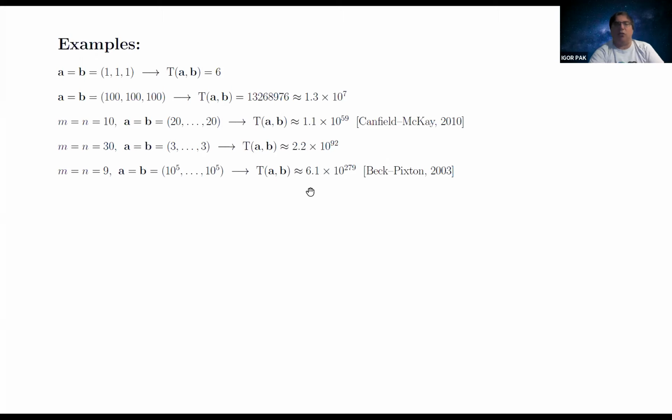But all those numbers can be computed exactly. This one is really an exercise, not too difficult to obtain, but that number is very difficult. These are 9 by 9 matrices with fairly large row and column sums, and you can see this is 10 to 279, and there is no way to do it by a simple computation.